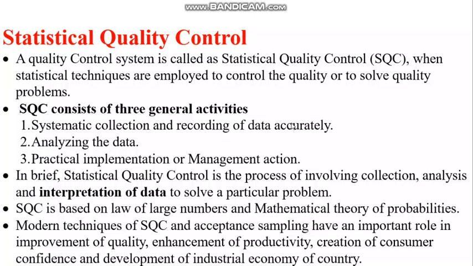So when you are employing statistical techniques, that means statistics, what you have learned in lower classes in the subject mathematics, those techniques we are going to use for quality control. If you are using those techniques, then our quality control becomes statistical quality control.